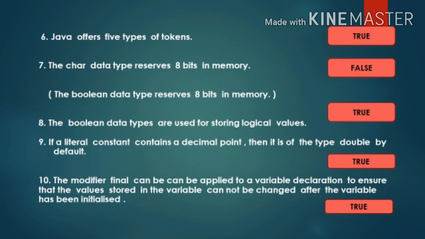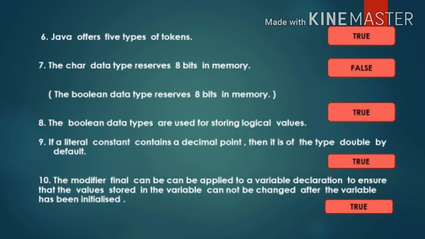Question number 6. Java offers 5 types of tokens. The statement is true. Question number 7. The char data type reserves 8 bits in memory. The statement is false. The correct statement is the Boolean data type reserves 8 bits in memory.